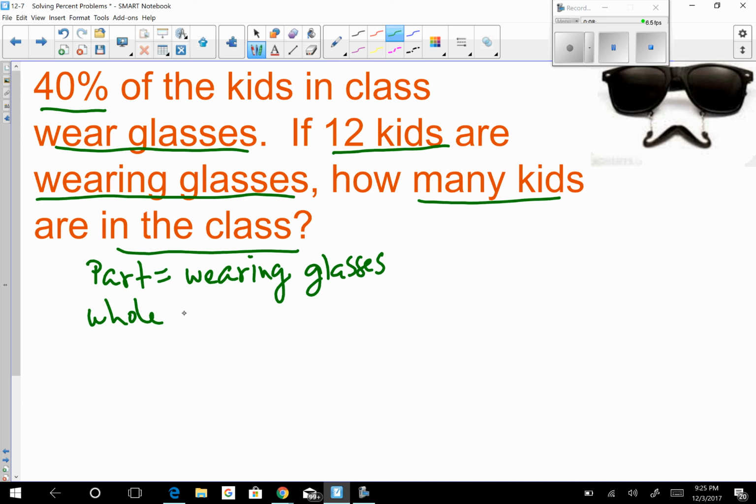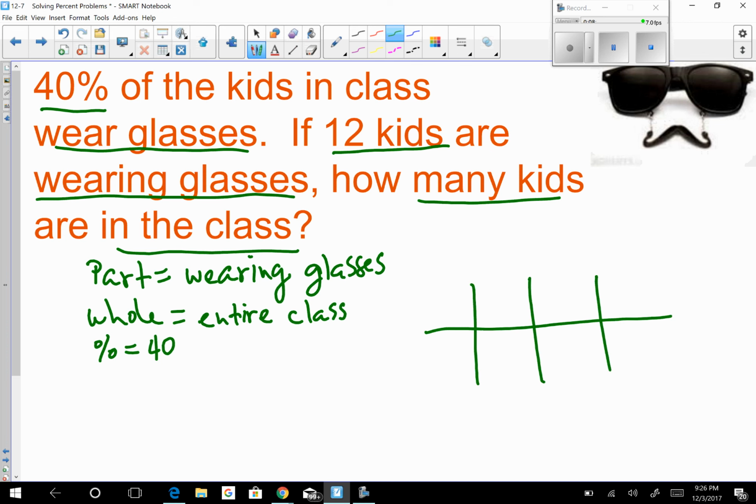Your whole is the entire class. And your percent is 40. So now we'll set up our ratio table. If you can identify the part, the whole, and the percent, even if they don't give you the number, at least identify what part of the problem it is, you're going to get these problems correct.